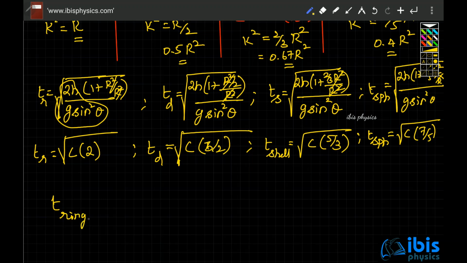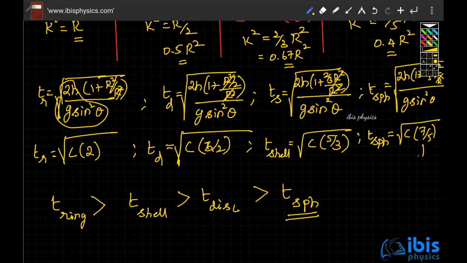Time for the ring is greater than the shell, 5 by 3 is 1.67, which is more than the disc, 3 by 2 is 1.5, which is more than the sphere, 7 by 5 is 1.4. So the sphere reaches the ground first, then the disc comes second, and then the shell, and then the ring.